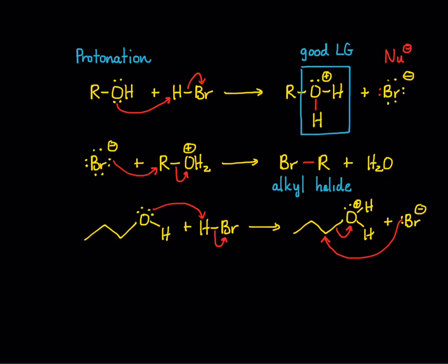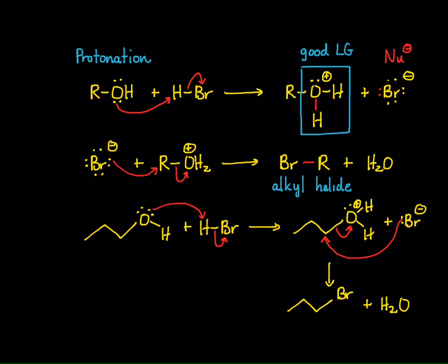The bromide is attacking the carbon that has the water as a leaving group, and now that carbon-oxygen bond is breaking. Why? Because I'm essentially attacking the sigma star of that carbon-oxygen bond, displacing the leaving group, the water, and I form 1-bromopropane, plus water is coming off.